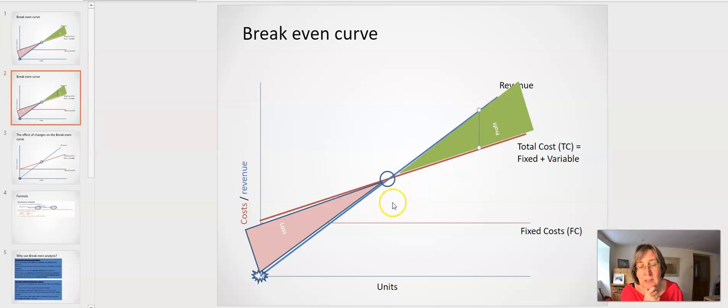And remember, a company would probably work out how many units it can make, and however many that is above the break-even point, let me just add another shape.